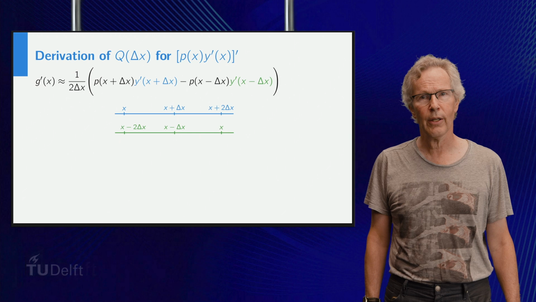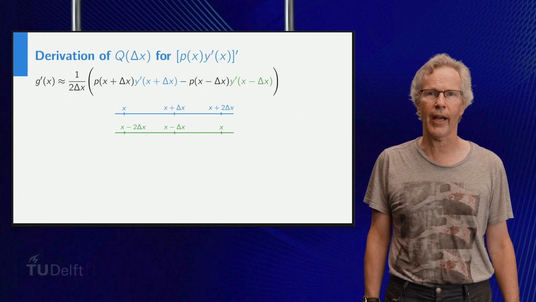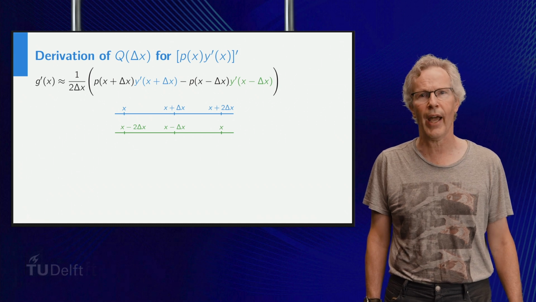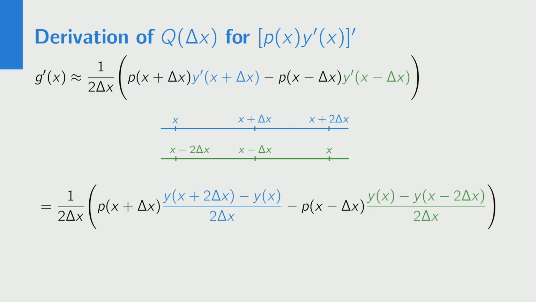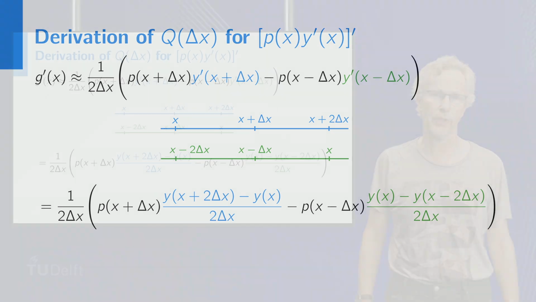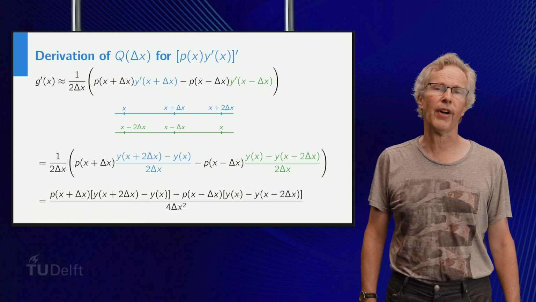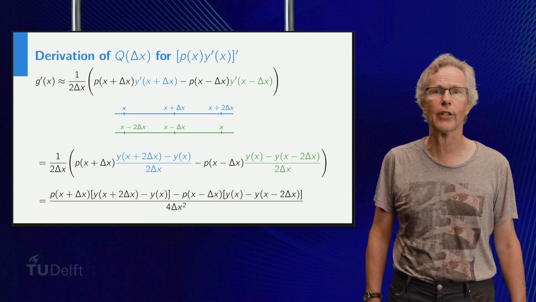In the same way, for location x minus delta x, we use locations x minus 2 times delta x and x. This leads to this equation, with again the blue part substituted by the blue central difference and the green part by the green central difference. And after bringing this under one denominator, we find 4 times delta x squared in the denominator.